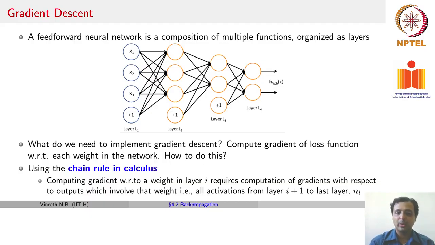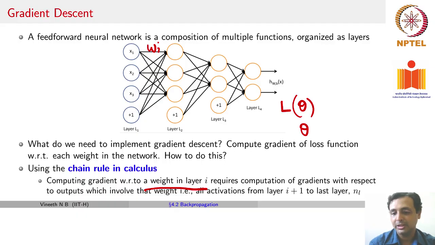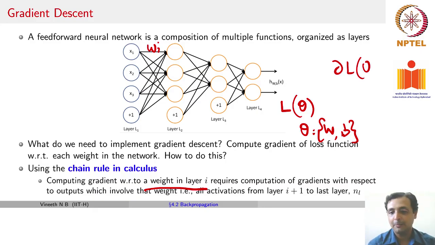Computing the gradient with respect to any one weight in a layer I requires the computation of the gradient with respect to outputs which involve that weight in every layer from that layer till the output. So for example, if you had a certain weight wi here, remember the loss function is defined at this particular point, loss of, let's say, theta, where theta is nothing but a set with all w's and b's. That's your loss function. So we want to find dou L of theta by dou wi, where wi is one of the weights in the neural network.